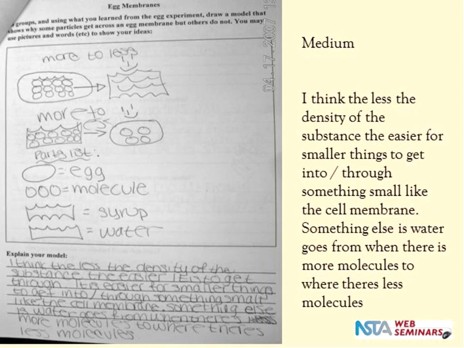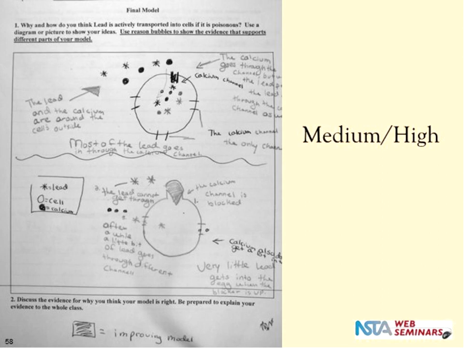Moving further down, we see a different kind of drawing with a different representation. We can begin to capture what the student's thinking. Here is what is written down below so that you can read it a little bit easier. But you can see the differences. I'll go back to each of these.